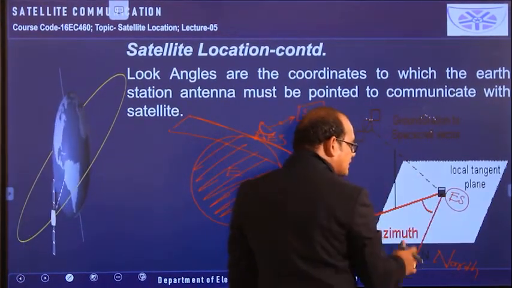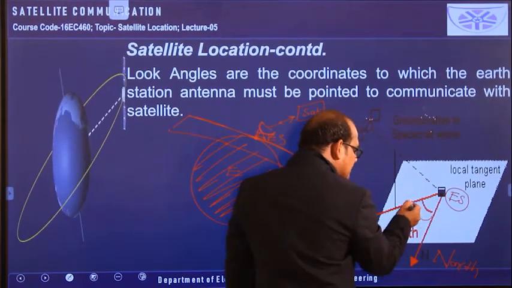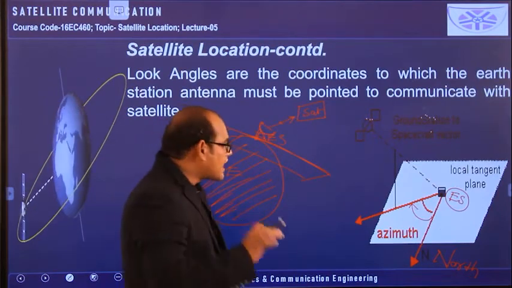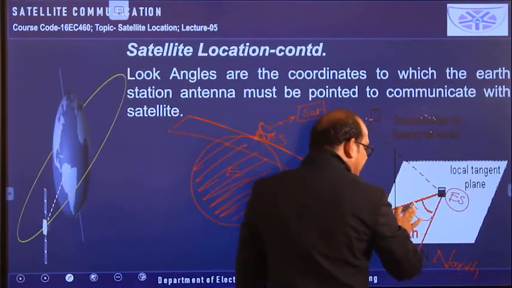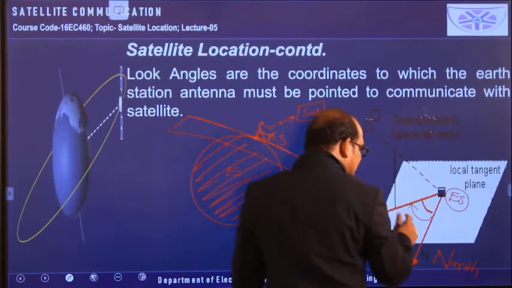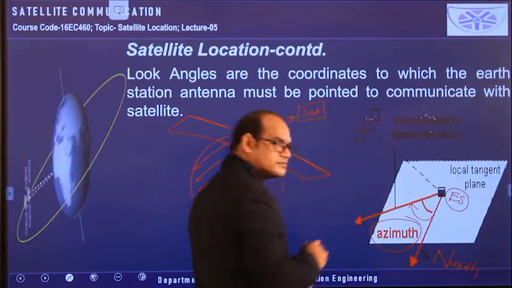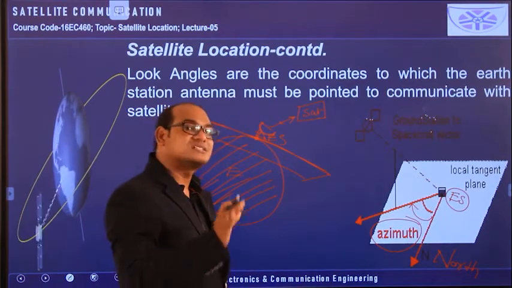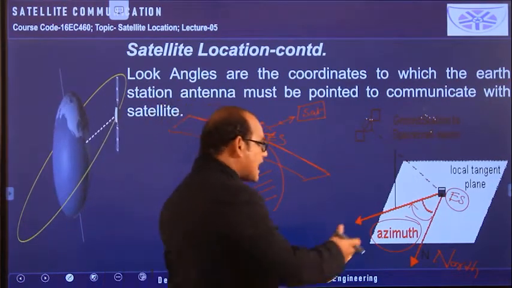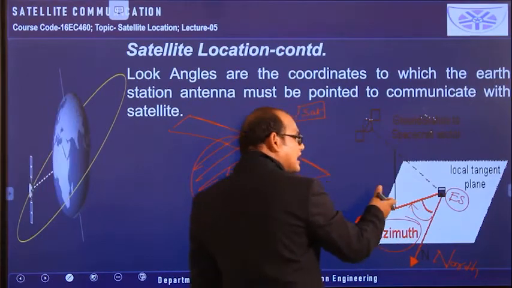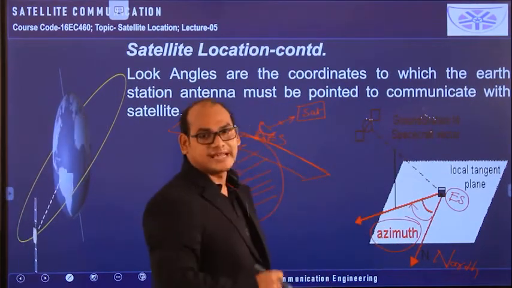From the north side, you have to travel a certain angle. All these are angular distances only. If you travel a certain amount of angle, that is called the azimuthal angle. On the local horizontal plane you have to travel from the north side towards east, the distance which is equal to the azimuthal angle.